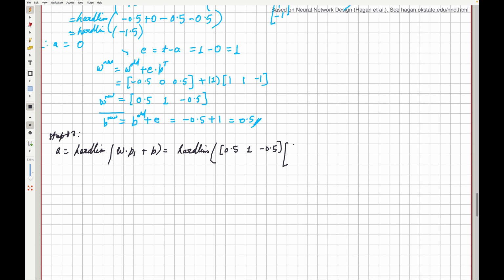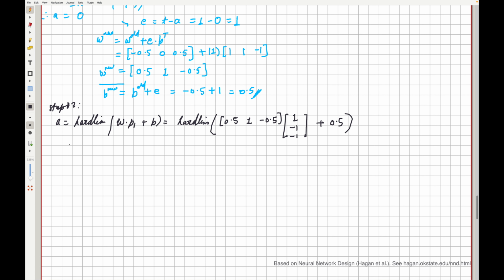Let's write that down: 1, minus 1, minus 1, and the bias is positive 0.5. That's all we need, and then we simply do the dot product, where we have 0.5 times 1 is 0.5, 1 times minus 1 is minus 1, minus 0.5 times minus 1 is plus 0.5, plus 0.5 from the bias, and so these cancel out.